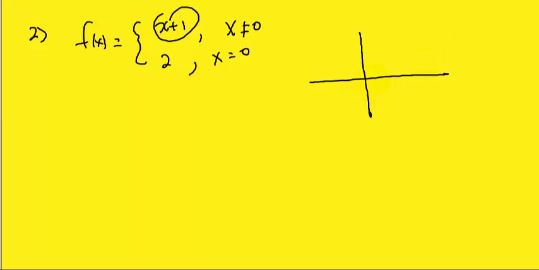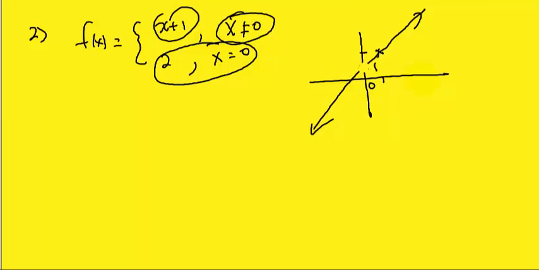The y-intercept is 1 and the slope is 1. But this line exists everywhere except at 0. At 0, the line does not exist, so you get an open circle. At 0 itself, the value of the function is 2, so that's at 2.